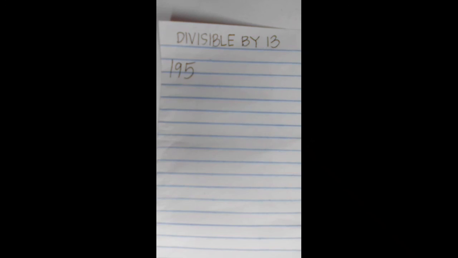It's stated here that we need 4 times the unit digit, and the units digit here is 5, right? We need to multiply it by 4, and 5 times 4 is 20.